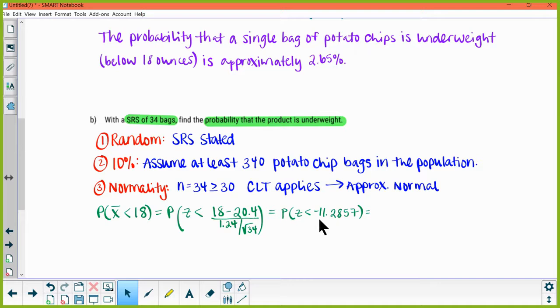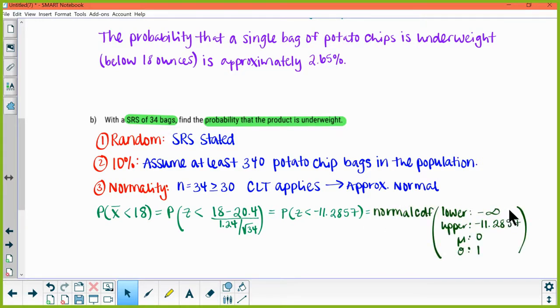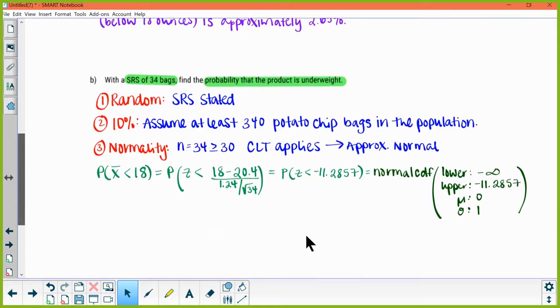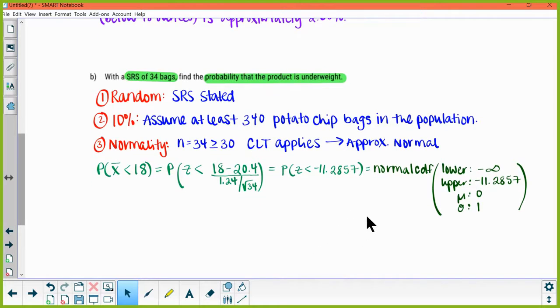So when I plug this into my calculator, normal CDF, negative infinity to negative 11.2857, mean of 0, standard deviation of 1, the probability of getting this sample mean is approximately 0, and your calculator is going to output 0.